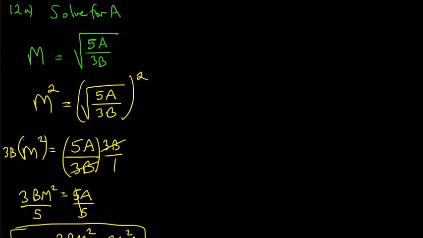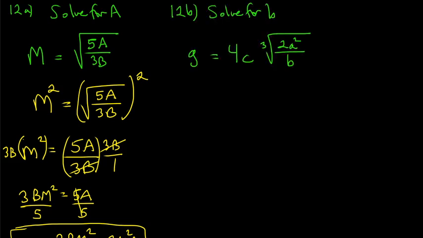All right, part B. The equation is g equals 4c times the cube root of 2a squared over b. And we want to solve for little b here, right? So we want to solve for this denominator. But it's also under the cube root, so we could cube both sides.